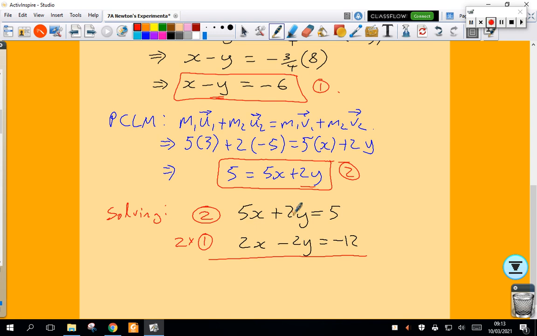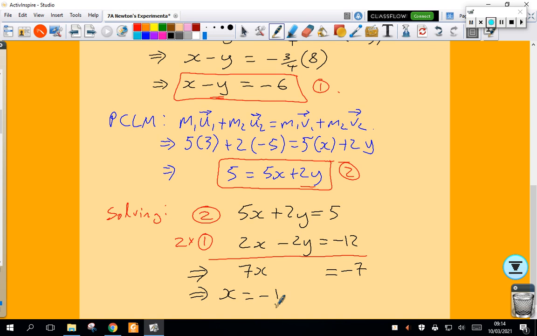So we're adding equation 2 and equation 1, using the addition property of equations, which says if equal quantities are added to both sides of an equation, then the two sides will remain equal. The 5x added to 2x is 7x. The 2 y's will cancel. 5 subtract 12, that's negative 7. Pretty straightforward there to solve for x: x must be negative 1. We're dividing on both sides by 7 there.